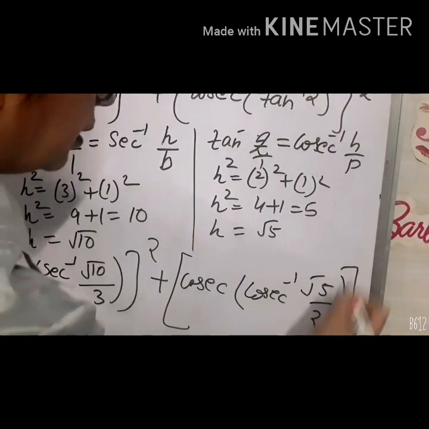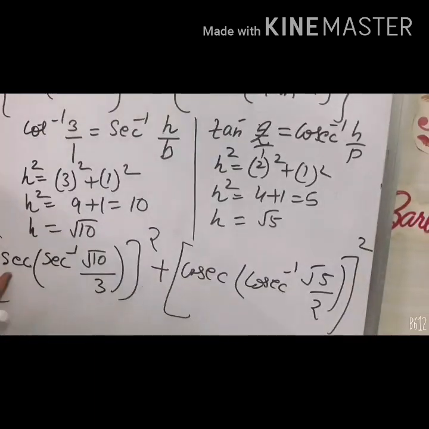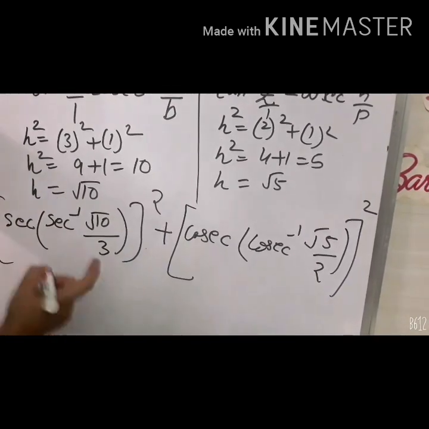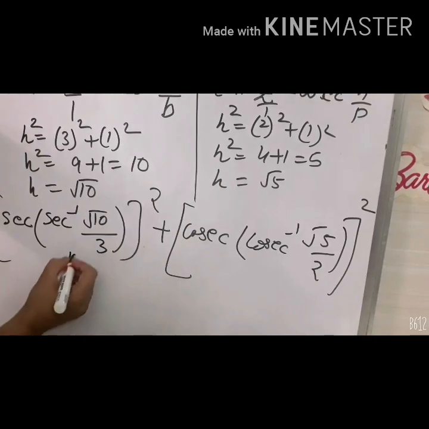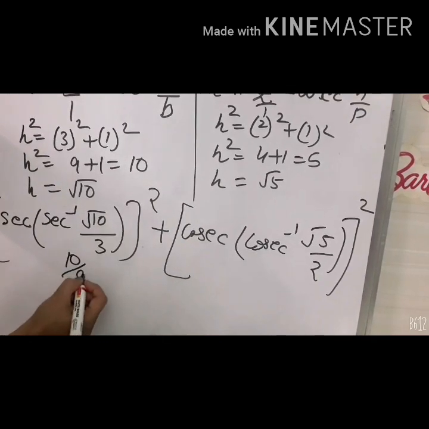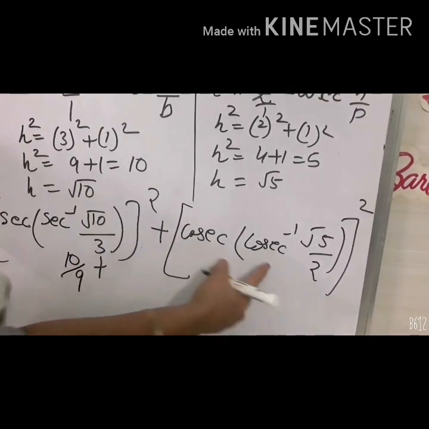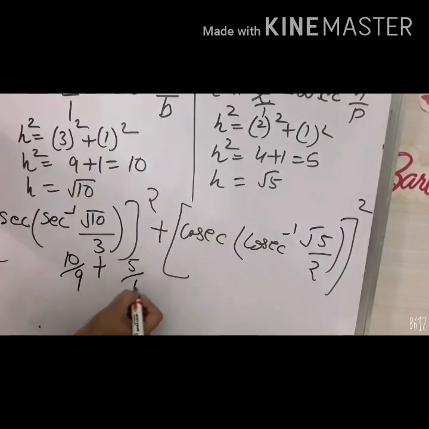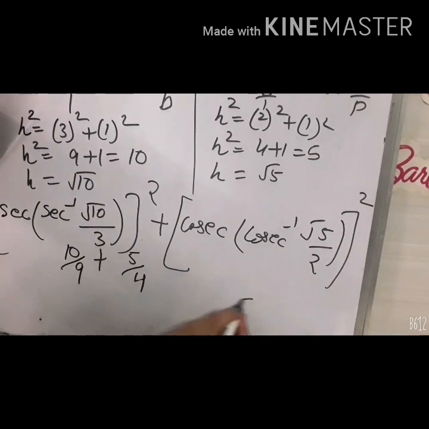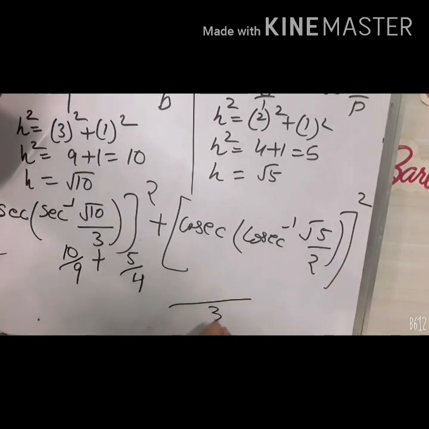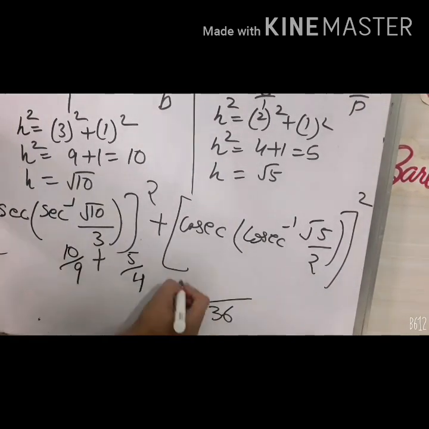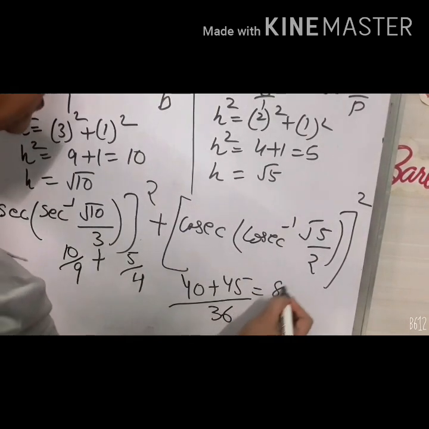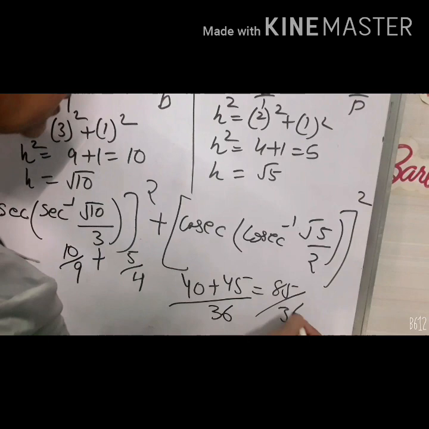Fine. Now, I told you sec and sec inverse are opposite to each other, remaining with the angle only. (√10)² is 10, 3² is 9, plus cosec and cosec inverse gone, (√5)² is 5 and it becomes 4. Take LCM, 36. 10 fours are 40, 9 fives are 45. Answer is 85/36. Done.